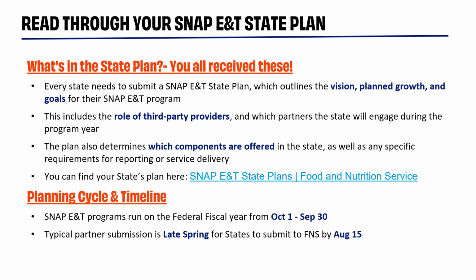Again, it's worth building that relationship with your state to have a really good idea of what that timeline looks like in your area, and whether a mid-year amendment is possible. If not having a start on October 1, is there a January 1 start or an April 1 start potential?